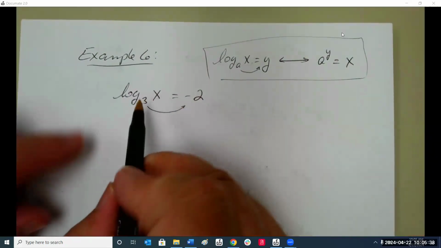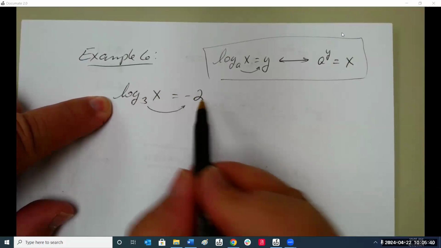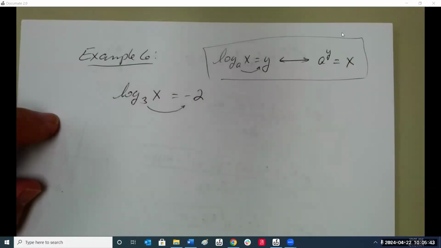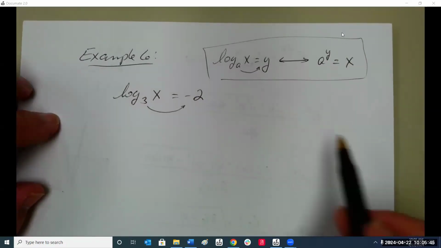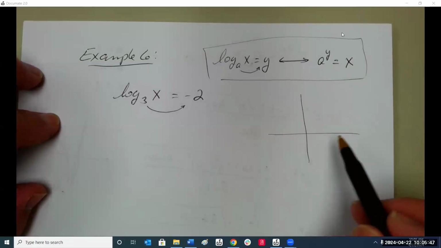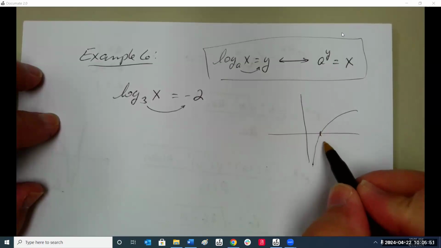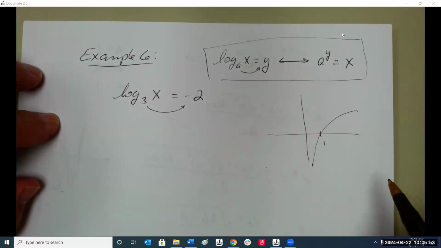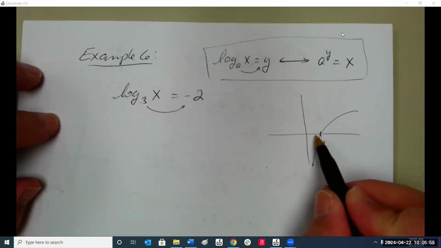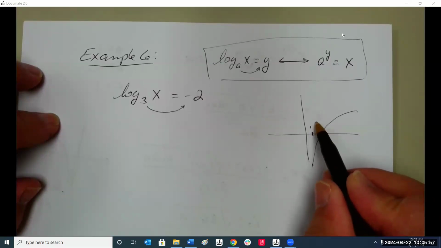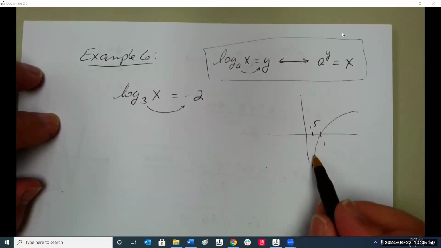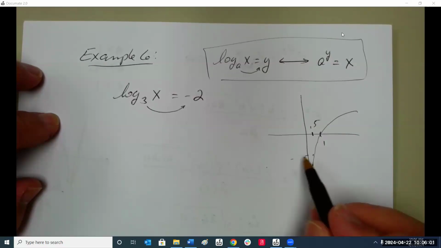Well, first off, we have to check, can your log answer be negative? Let's look at the graph. The log looks like what? Like this. Crosses through 1. So if I have a log, let's say log of 0.5, the answer is going to be a negative answer.